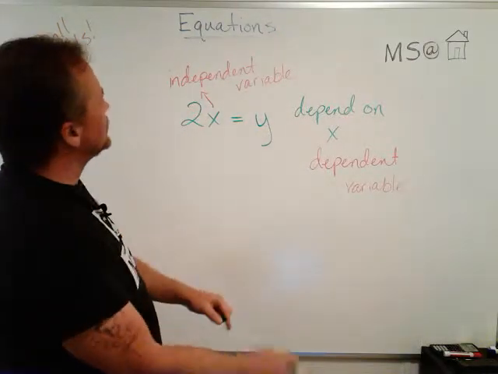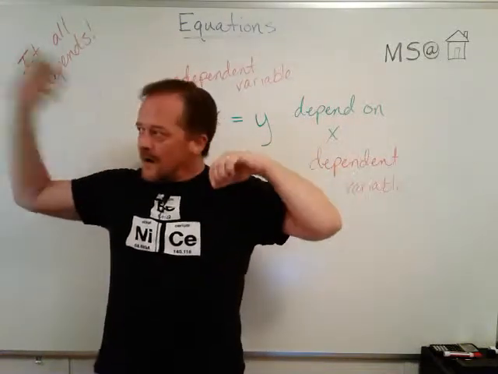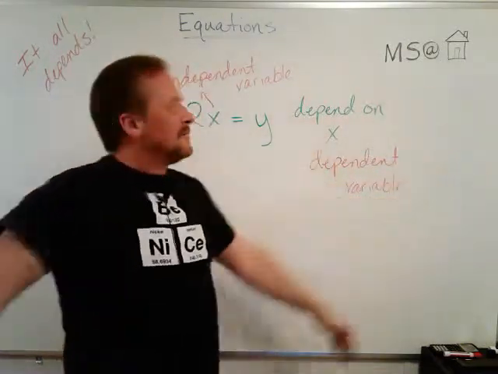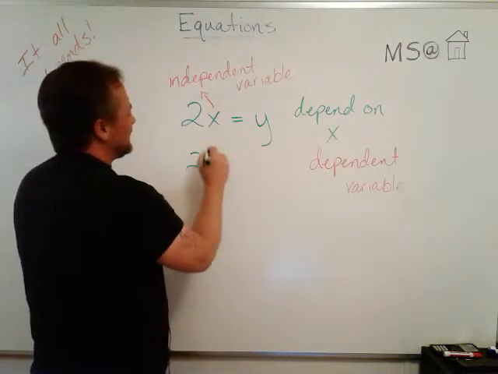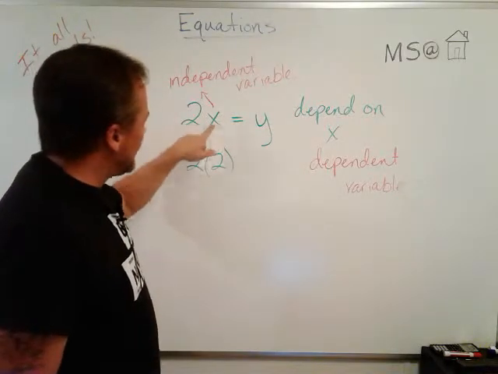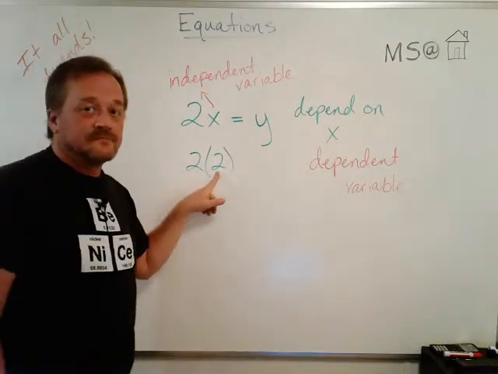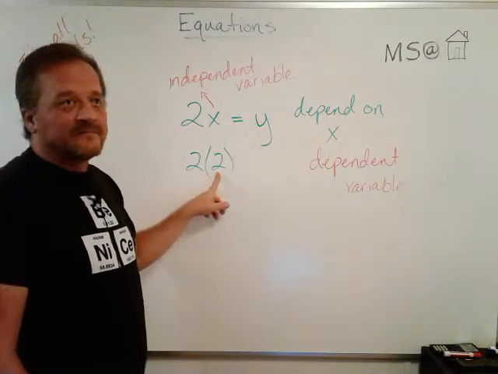If I get to choose what x is from an entire universe of numbers, negative or positive, we're gonna pick an easy one. Let's pick 2. I decided that x is now worth 2. Okay? Why? I don't know, because I wanted to.